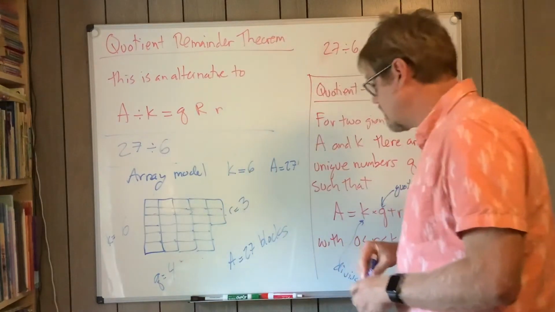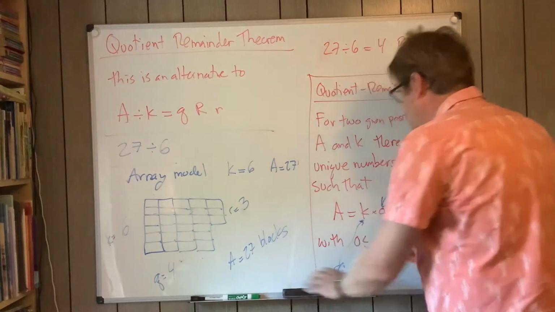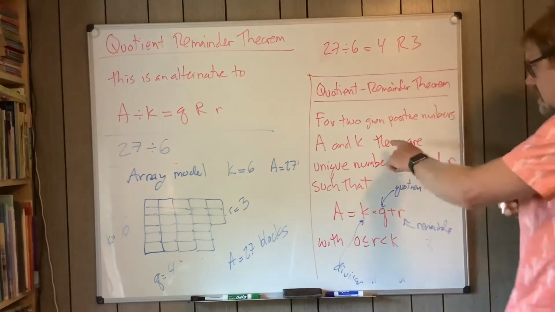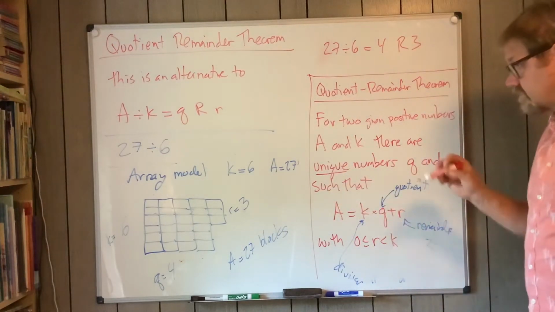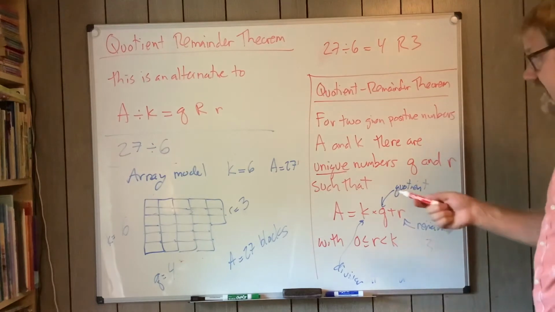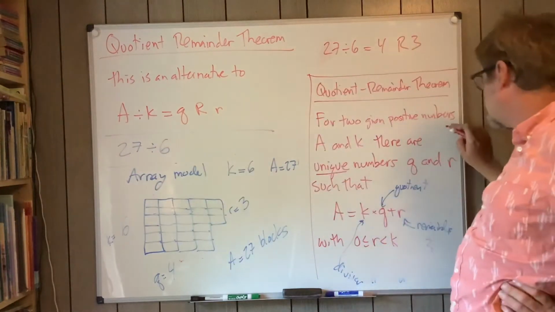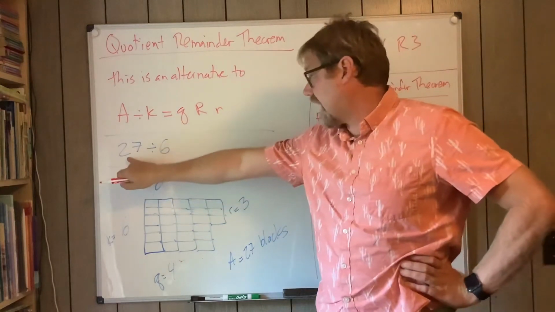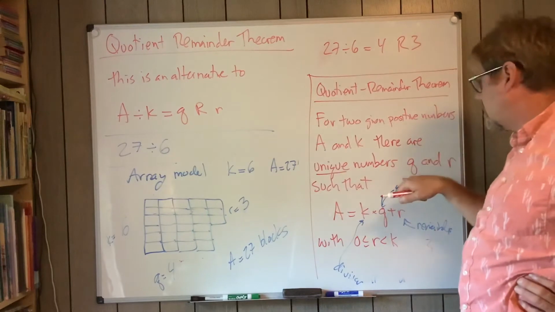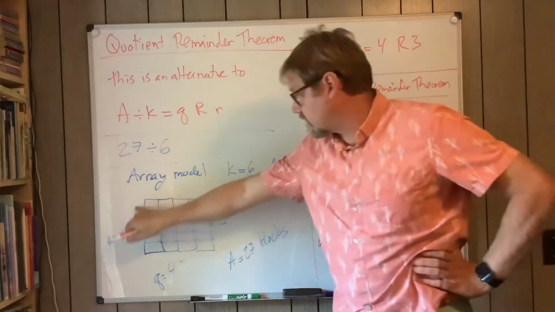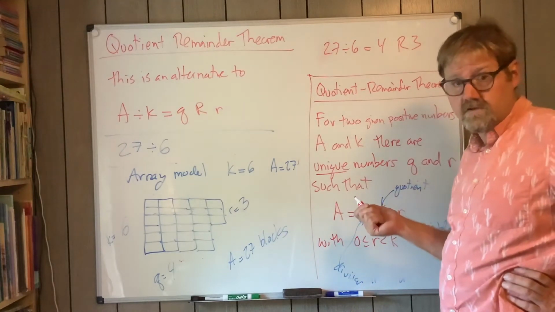Now, what this theorem is saying, the other key thing about this is it says there are unique numbers. So that basically means that it doesn't matter what number, I'm talking about positive numbers here. If I've got A, the number of blocks, and 6, again the divisor, which would be the number of rows if I'm building this out, I can always do this.